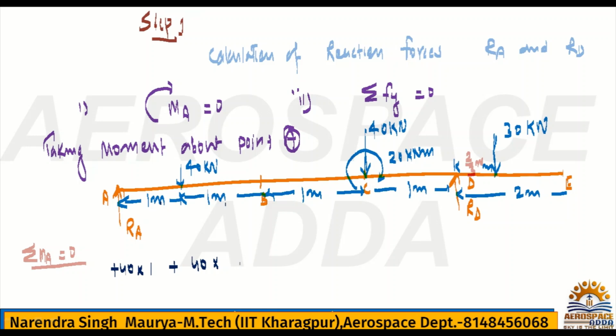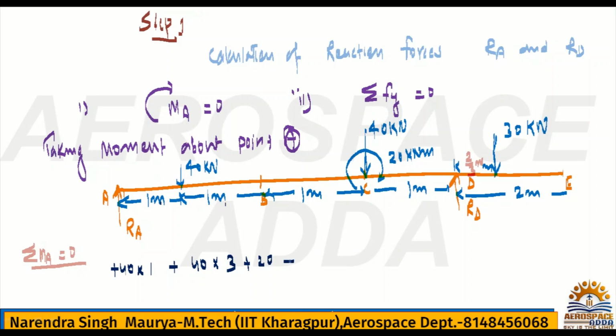Now we have this 20 kilonewton meter, which is a clockwise moment, so it will be added directly. It is already a moment, so we do not have to multiply any distance, and we have to check the nature of the moment. It is clockwise, you just add. If it is anti-clockwise, you subtract.